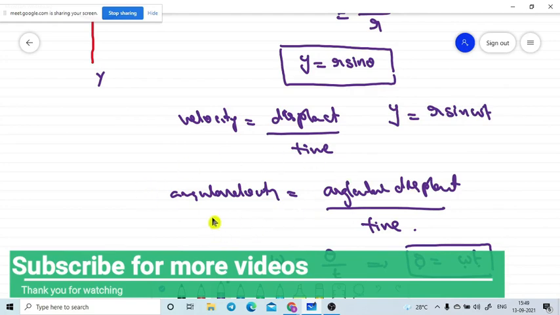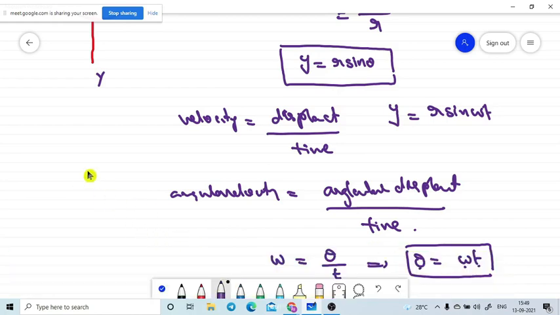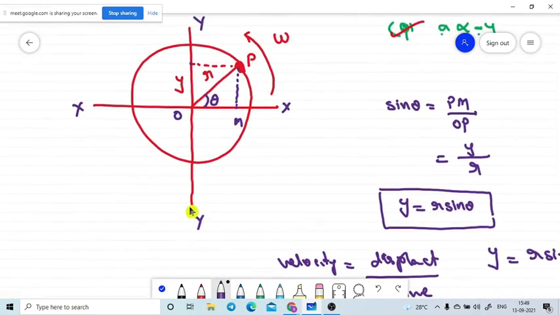Now what is the definition for the displacement of the particle in SHM? Will you please look at this diagram? The particle is displaced. Y is the displacement of the particle we took. It is the distance from the mean position of the particle.